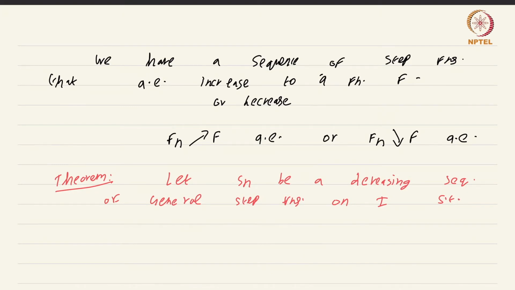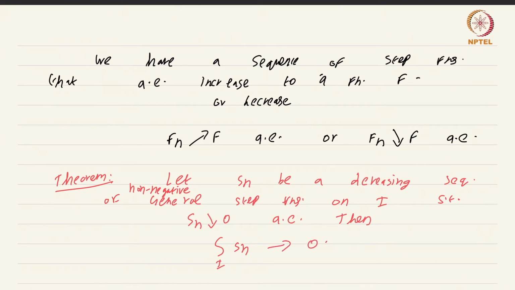Okay, a decreasing sequence of non-negative, that's crucial, non-negative general step functions on I such that S_n decreases to 0 almost everywhere. So we are considering functions which are decreasing, number one, and this decreasing is everywhere, not just almost everywhere, and these S_n's are decreasing to 0 almost everywhere. Then the integral over I of S_n converges to 0.